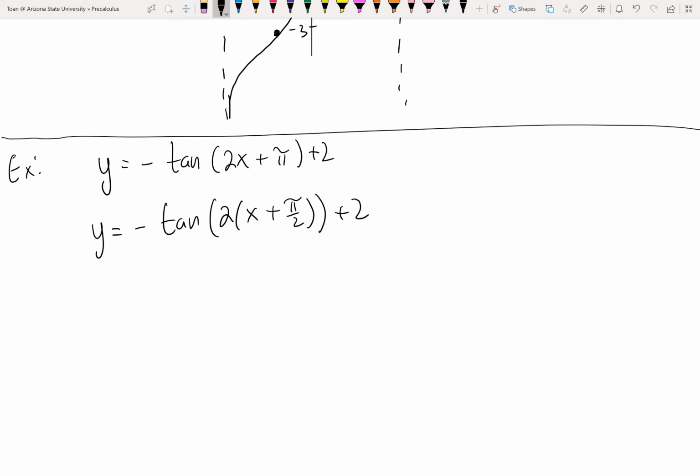So now that it's in the right format, I can go ahead and read the pieces. So my midline is at y equals 2. I have a left shift by π/2. My period is going to be π divided by that number. And my a is 1. And I got to flip.